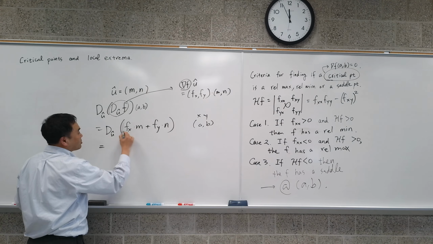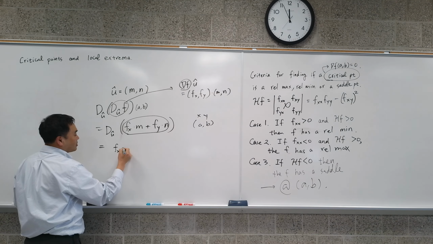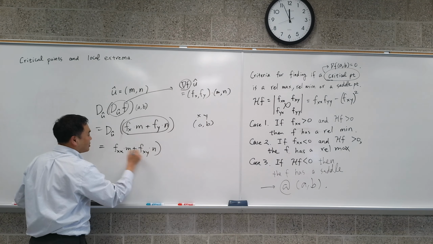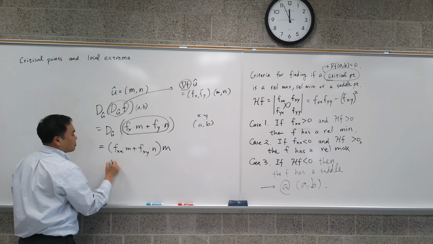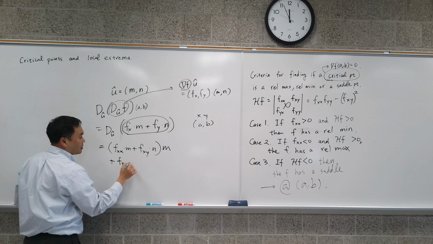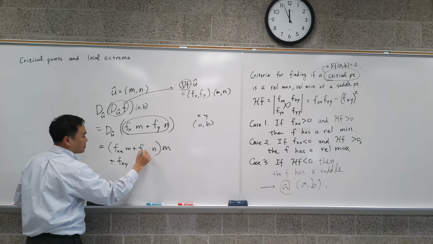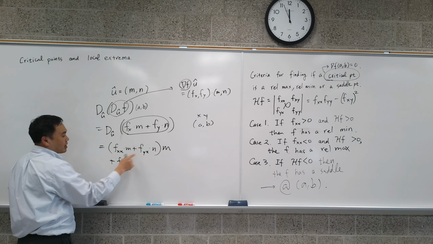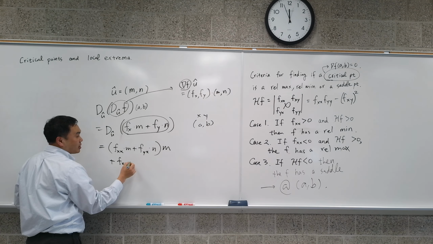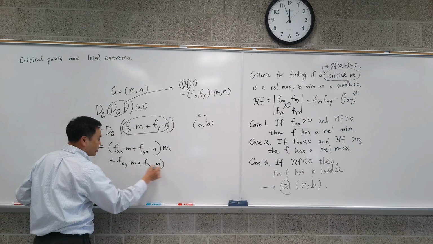Then what you have to do is take this and differentiate by x, so fxx times m plus fxy times n times m, plus, and then you have to differentiate this by y. Sorry, this should really be yx. Well, I'm distinguishing, but they're the same thing, so it's not important. fxy, and then m, fyy times n times n.